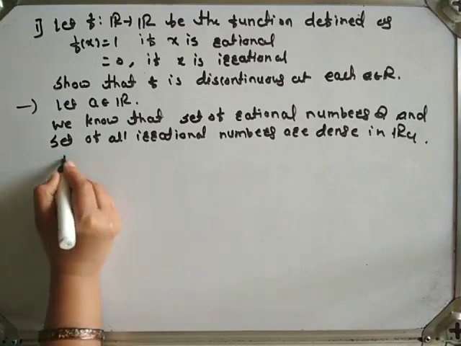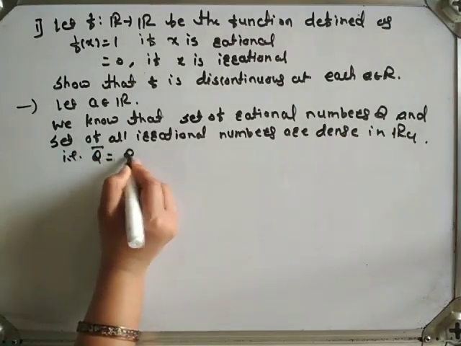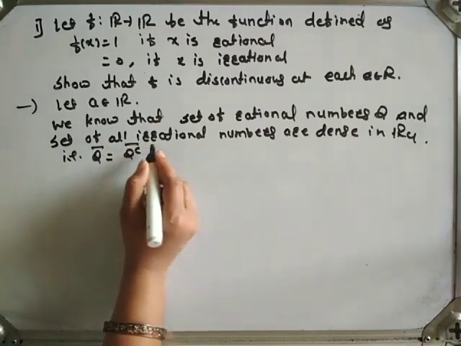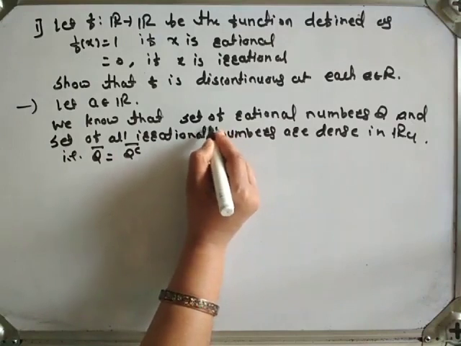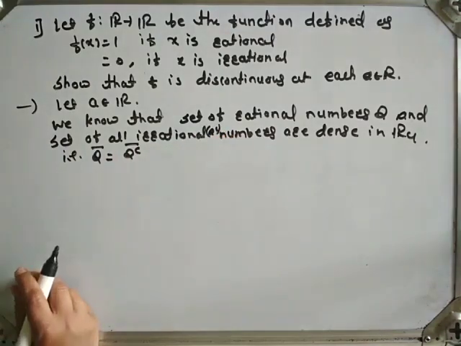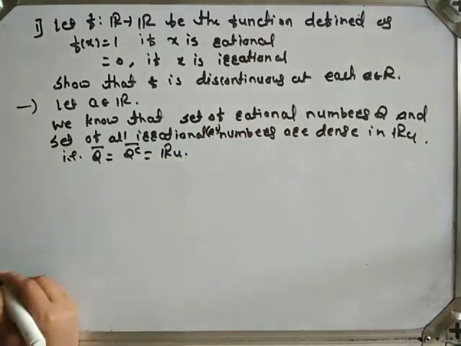Dense means that Q closure is equal to Q complement closure, where Q complement closure means the set of irrational numbers. This is equal to R.